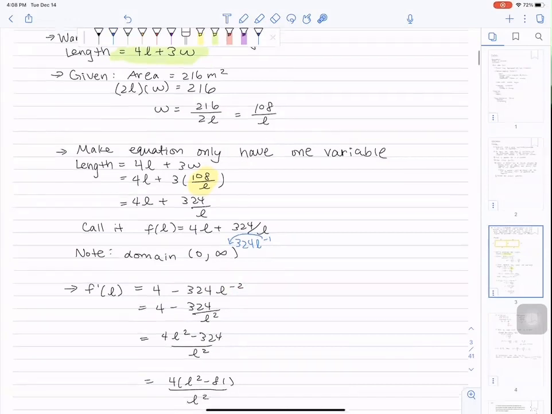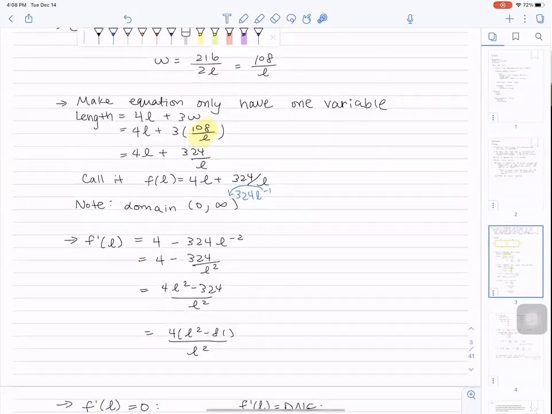Let's write it more cohesively by putting everything over the same denominator. If I multiply this 4 by L squared over L squared, we get 4L squared minus 324 over L squared. This is our derivative, and I just simplified it to 4 times L squared minus 81, all over L squared.